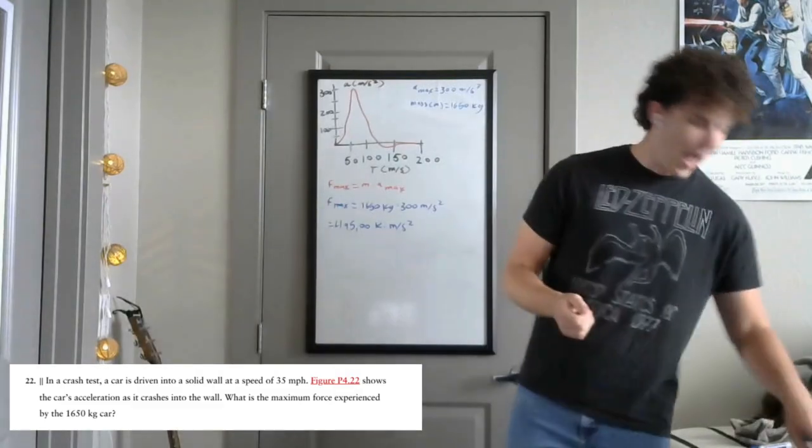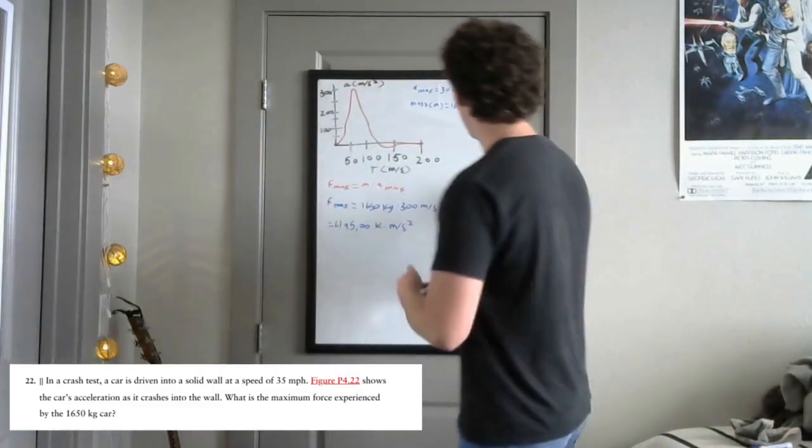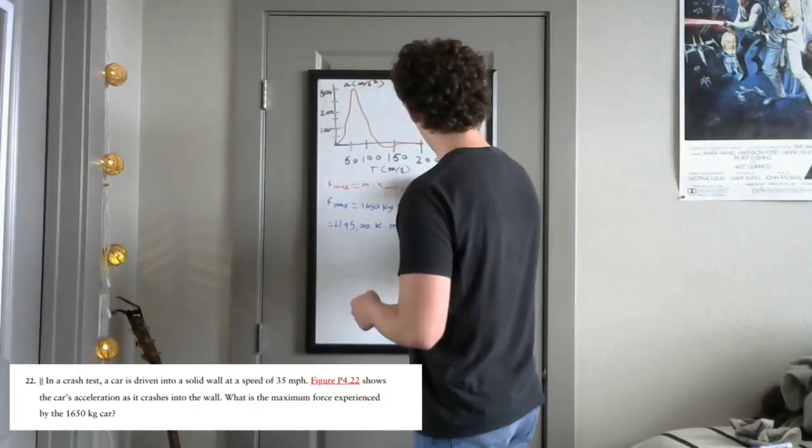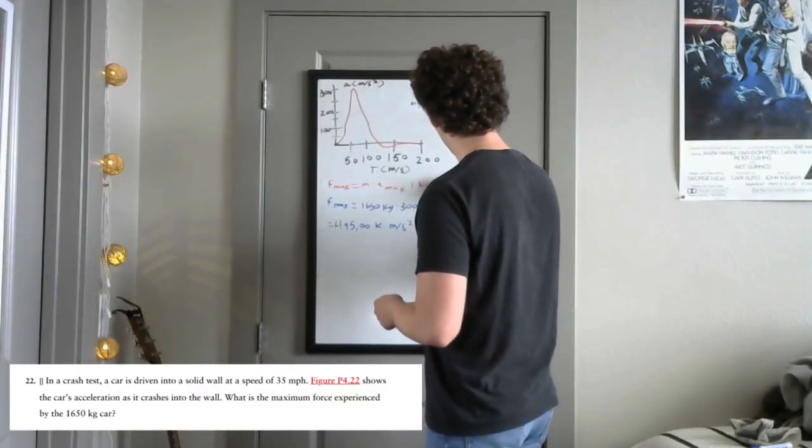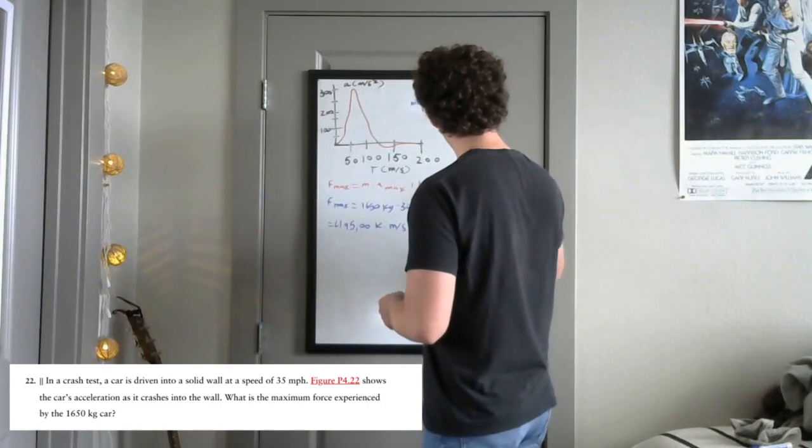Now, as a reminder, and I'll write this in red up here, 1 kilogram times 1 meter per second squared equals 1 newton.